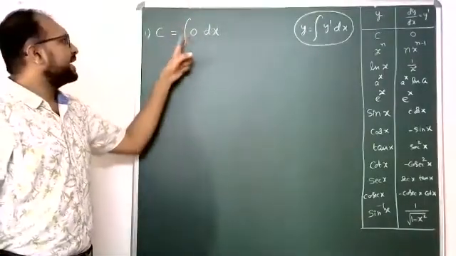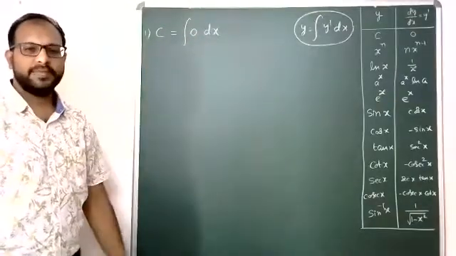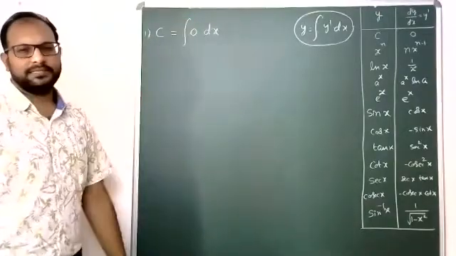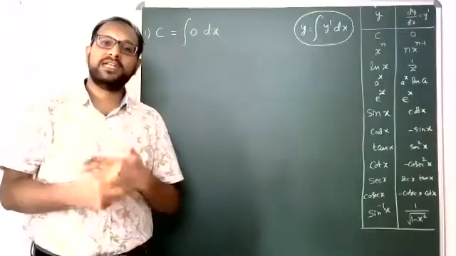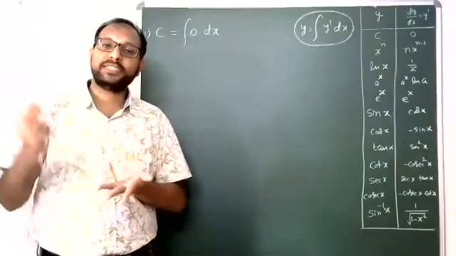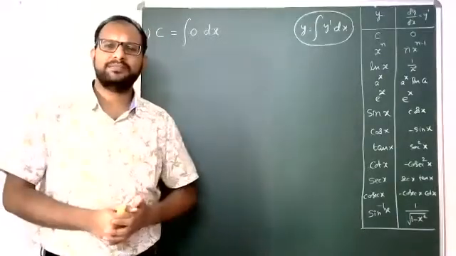So integral 0 dx is a constant, that you need to remember. Opposite: integral 0 into dx is a constant, which means indirectly the derivative of a constant is 0. The integral of 0 with respect to x is a constant, any constant.